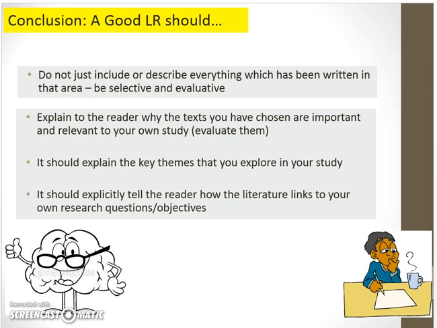Try to use the literature review to explain to the reader why the texts you have chosen are important and relevant to your own study. A good literature review should explain the themes that you want to explore in your study. And lastly, it should explicitly tell the reader how the literature links to your own research questions and objectives.